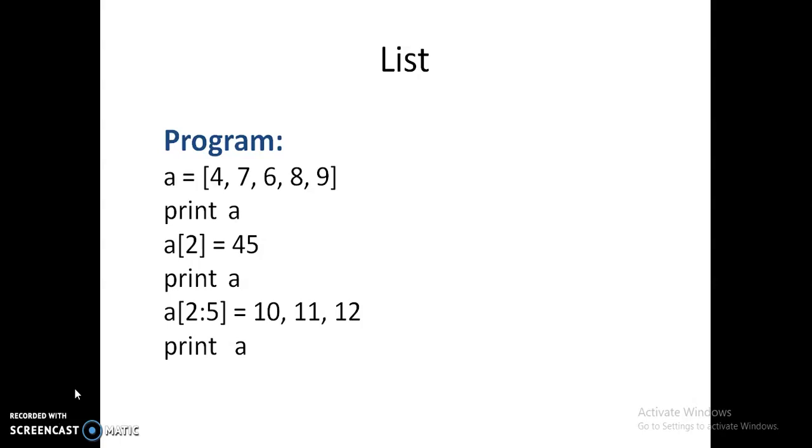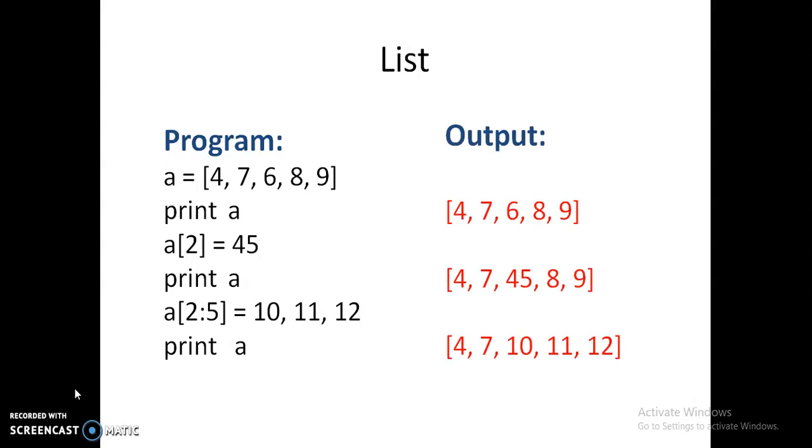Now we'll get the list with the updated values. Print A. Say if you want to modify a set of elements in the list, then A of 2 colon 5, that is from the third element to the last element I want to update. So 6, 8, 9 are modified as 10, 11 and 12. Your starting list is 4, 7, 6, 8, 9.